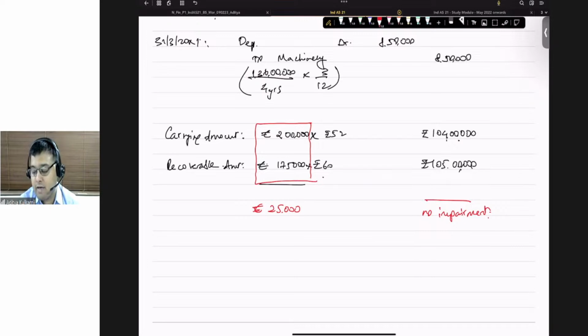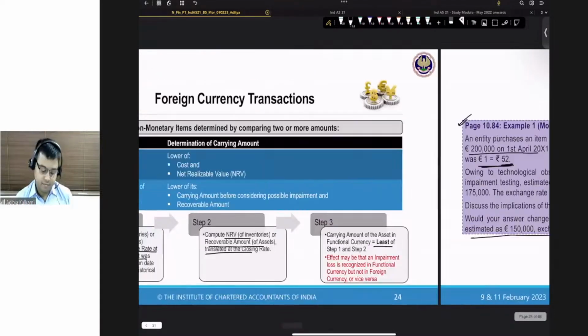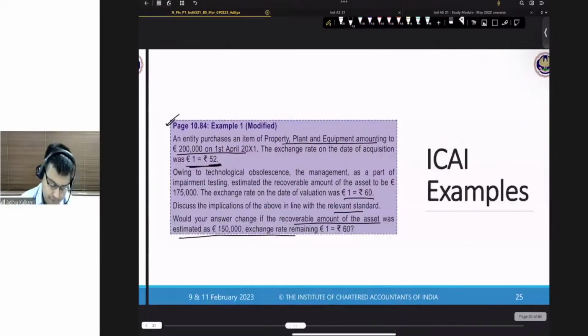You will have to convert it and then take a call. So that takes care of comparing two or more values. So this example also we have solved for you. Coming to the next set of examples.